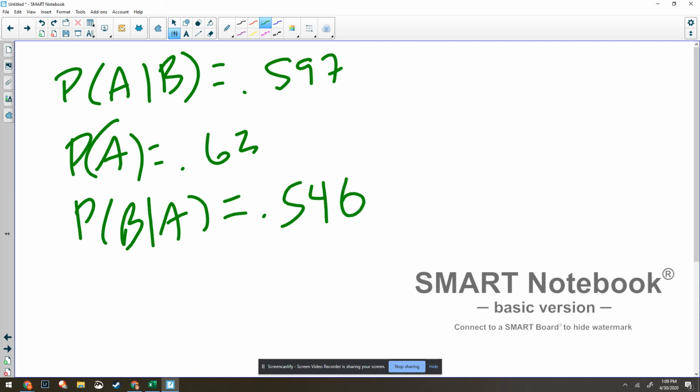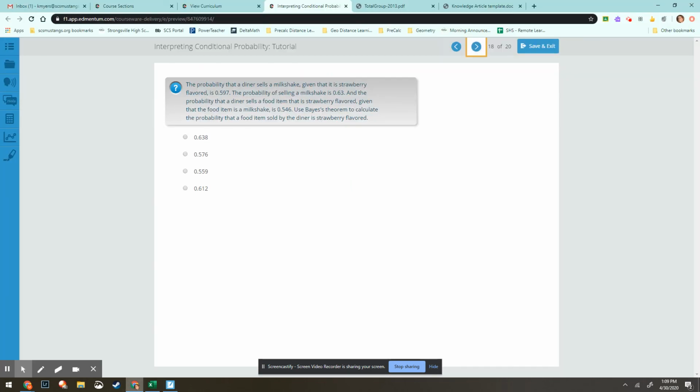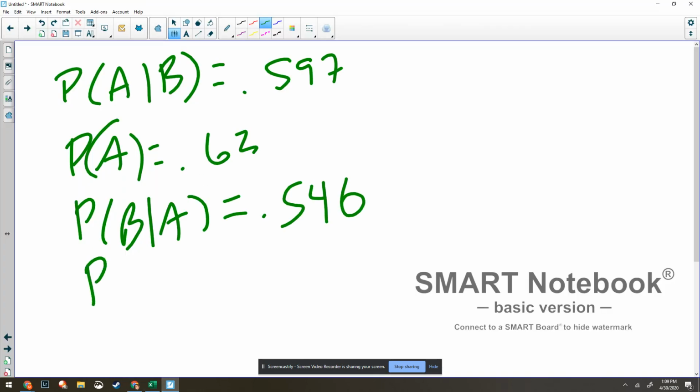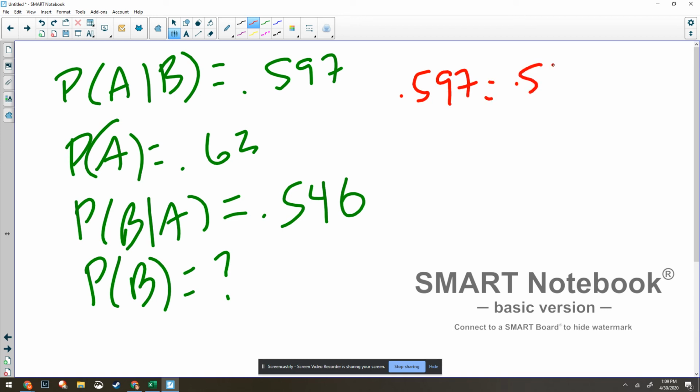So this is similar to that last problem, but not exactly the same, because now what they want to know is the probability just that a food is strawberry flavored, which would be the probability of B. Okay, so this is a case when you'd have to use Bayes' theorem. Our setup is actually going to look like this. The probability of A given B equals the probability of B given A, so 0.546, times the probability of A, which is 0.63, over the probability of B, which I don't actually know.